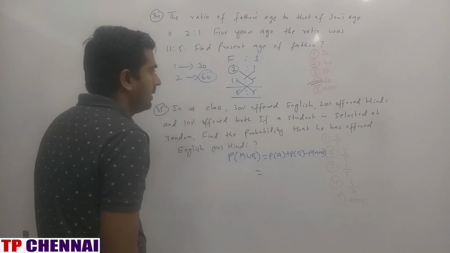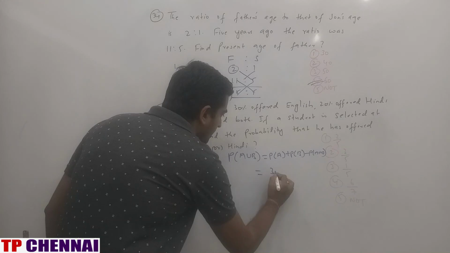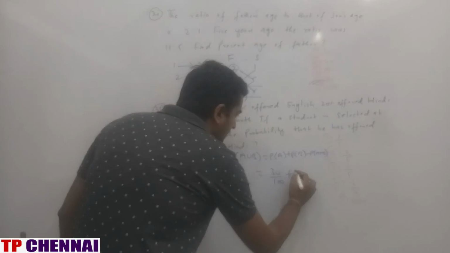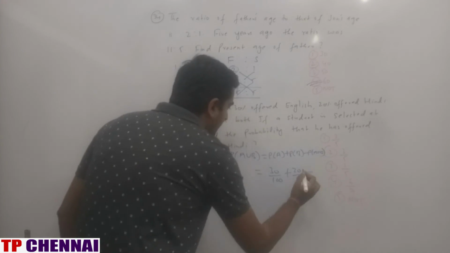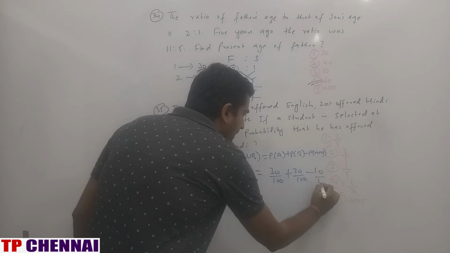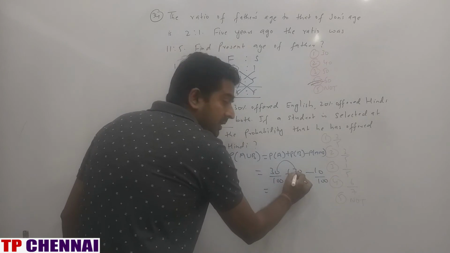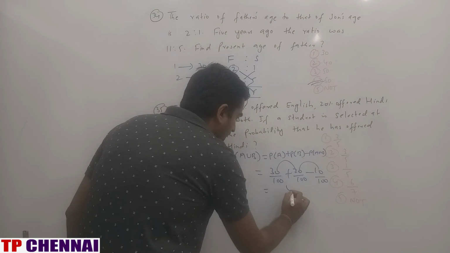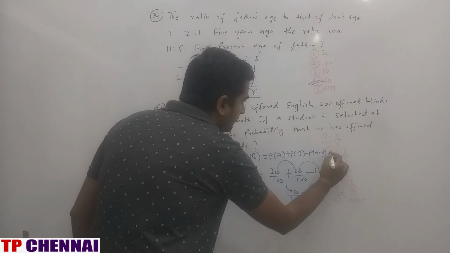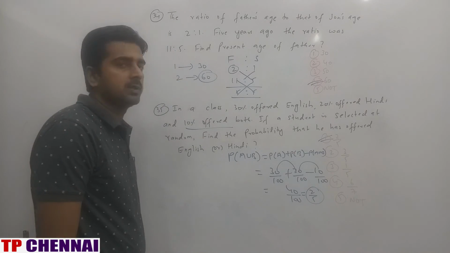So how many students offered English? 30%, which is 30 by 100. Right? How many students offered Hindi? 20%, 20 by 100. And how many students offered both? 10%, so minus 10 by 100. 30 plus 20, 50 minus 10, 40. 40 by 100, what is my answer? 2 by 5, which is nothing but first option.